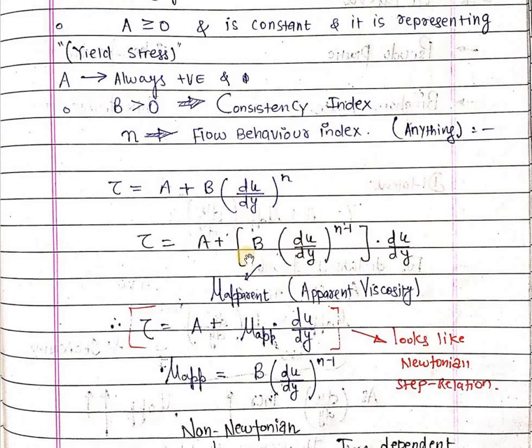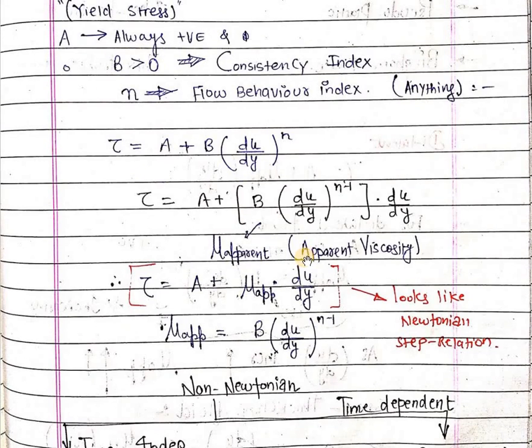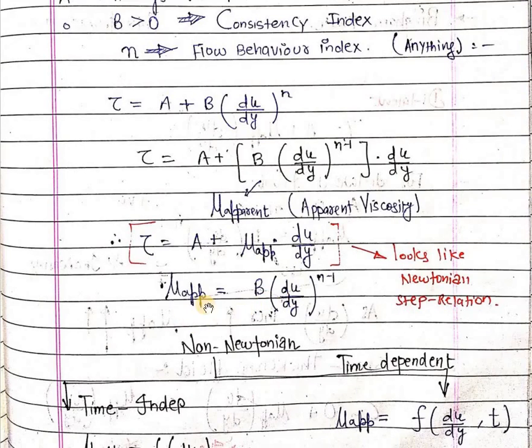We can summarize this term as mu apparent, because this is somewhat related to the Newtonian fluid, or apparent viscosity. Therefore tau is equal to A plus mu apparent into du upon dy. So after doing some process, this empirical relation looks like the Newtonian relation. So the value of mu apparent is B du upon dy to the power n minus 1.